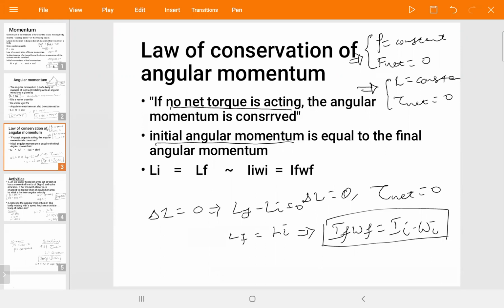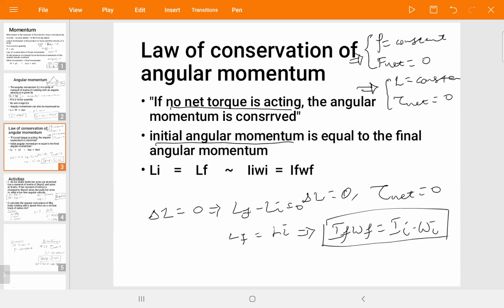If no net torque is acting on an object, which means the net torque is zero, if a force cannot have a turning effect, then angular momentum will be constant, which is called the law of conservation of angular momentum.